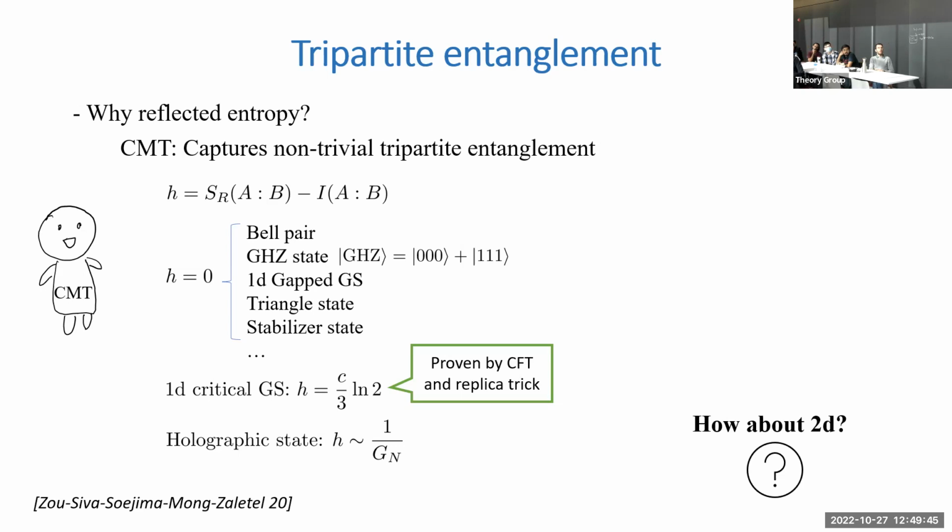And for a more general case, if we consider the ground state for a one-dimensional gapped Hamiltonian, one can also prove, by using some methods from matrix product states, that in that case the Markov gap will also be 0. And the other case that is 0 is the triangle state.